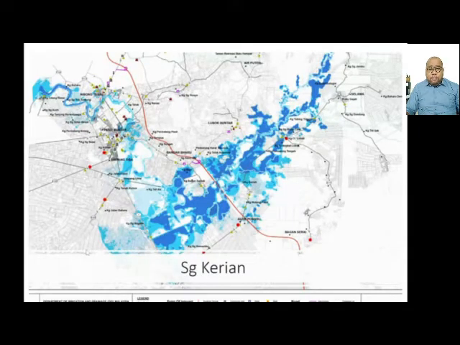So this is an example of the risk map produced if we simulate with hydrology and hydrodynamic modeling.